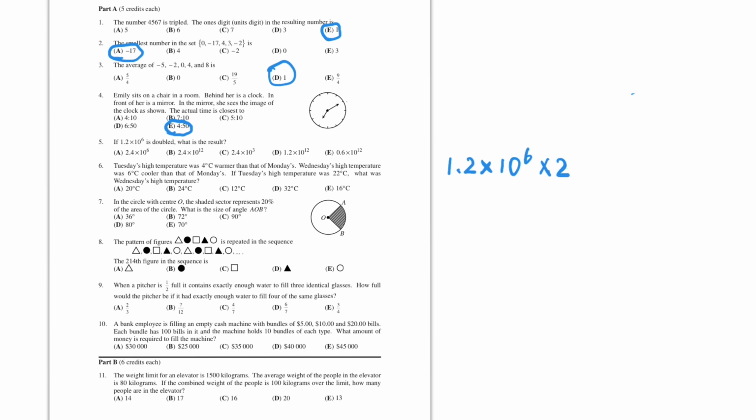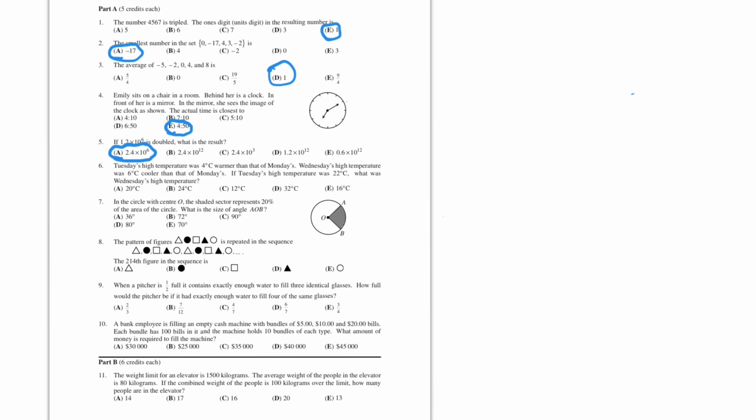Because the multiplication is commutative, we move the 2 to the front. 2 times 1.2 times 10 to power 6. So that gives us 2.4 times 10 to power 6. So the answer is A.